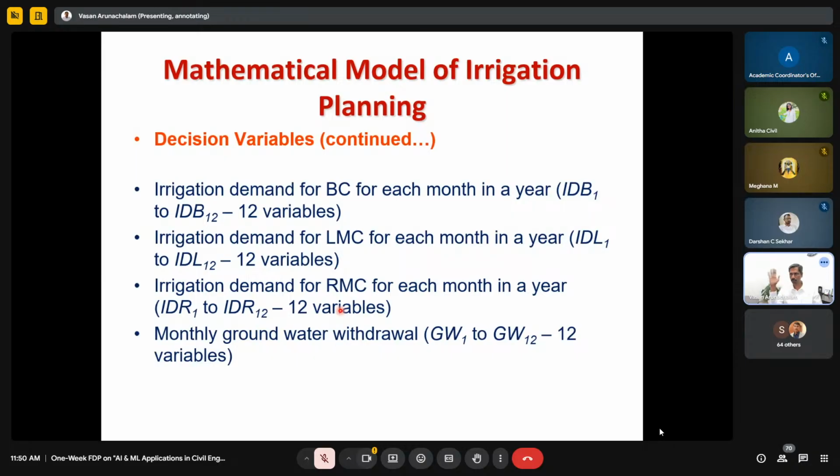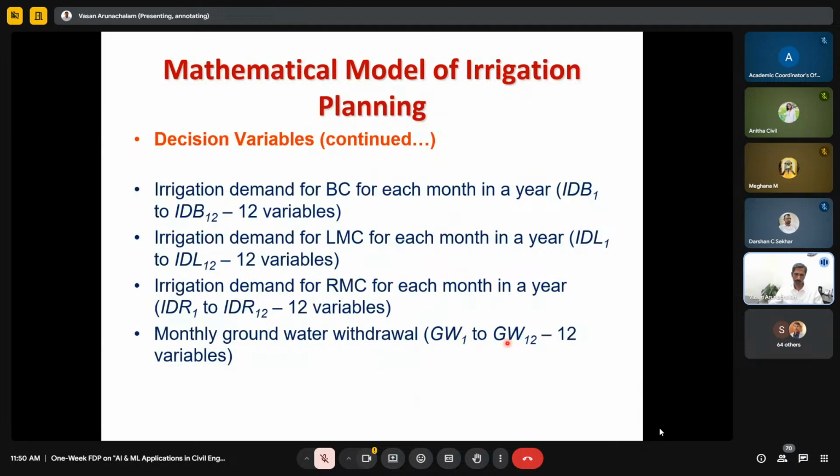But given a choice, the government would preferably want to provide surface water to the farmers as a first choice, for free, and they don't want them to invest anything extra if water is available from the reservoir. Those who are not able to get that from the projects will be tapping these groundwater withdrawals. That is the intention with which this planning was made.